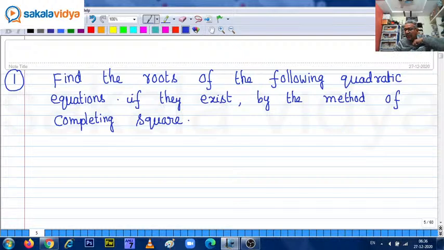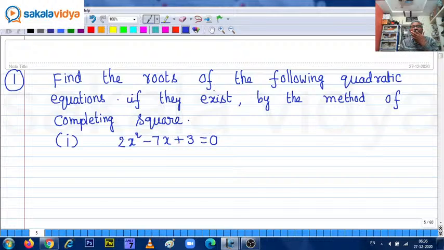Okay, now let us solve this question. First question: 2x square minus 7x plus 3 equal to 0.